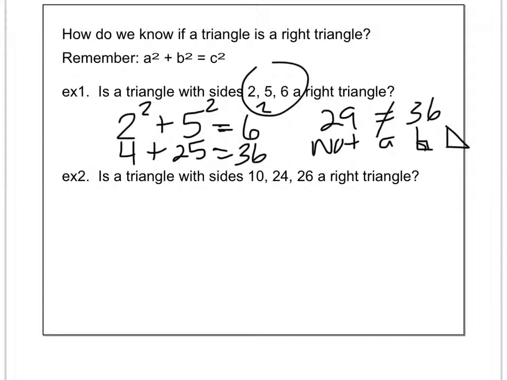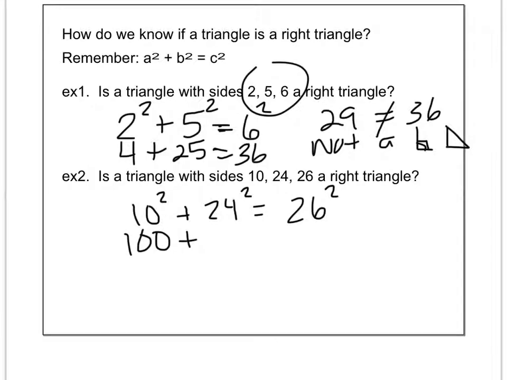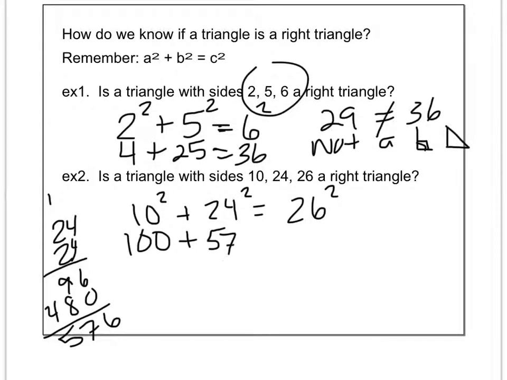Next, we're going to look at 10, 24, and 26. We do 10 squared plus 24 squared equals 26 squared. Okay, well, 10 squared we know is 100. 24 squared, let me just do a little quick math on the side. That is 576. And 26 squared is 26 times 26.